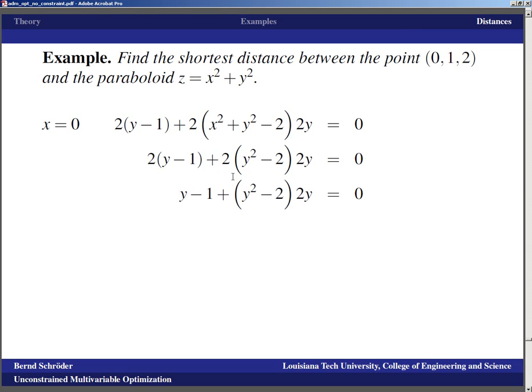So we get (y minus 1) plus (y squared minus 2) times 2y equals 0. Alright, and so now if we multiply out the parentheses, what do we get? We get 2y times y squared, which is 2y cubed. We get negative 4y plus y is minus 3y and minus 1. So we get 2y cubed minus 3y minus 1.